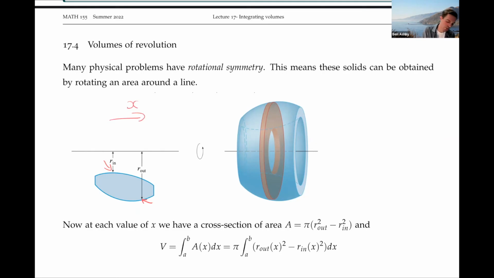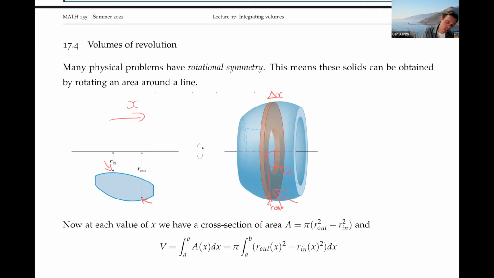Okay, so we can think about the area of a disk. Suppose we're interested in the area of this disk here, this is r out here, remember, so this distance to this outer point here is r out, and the inner point is r in, and the width of this is going to be delta x.